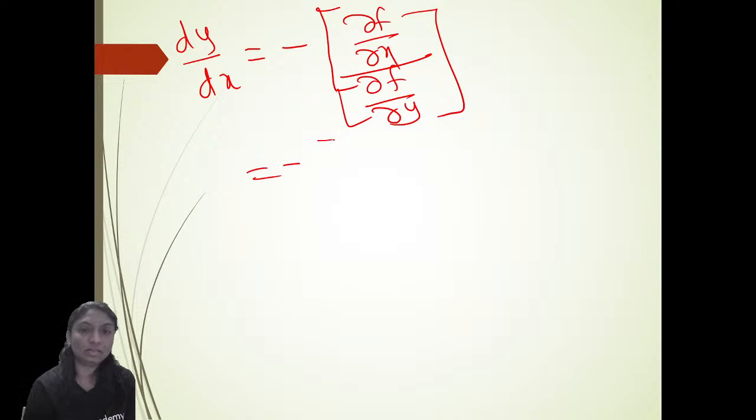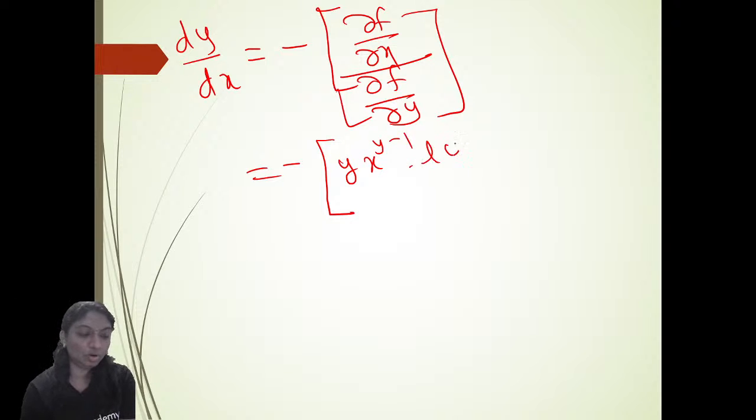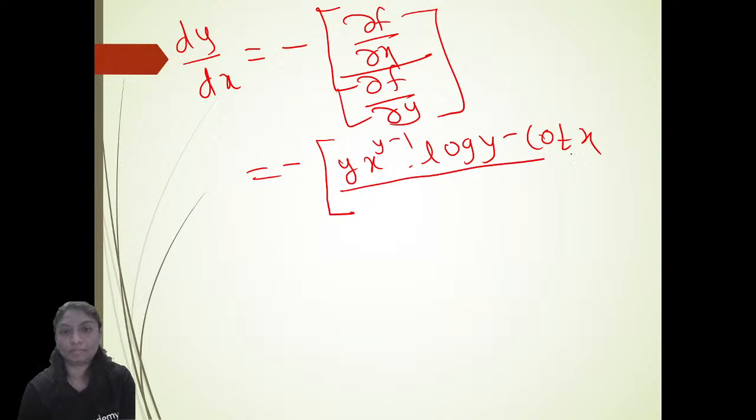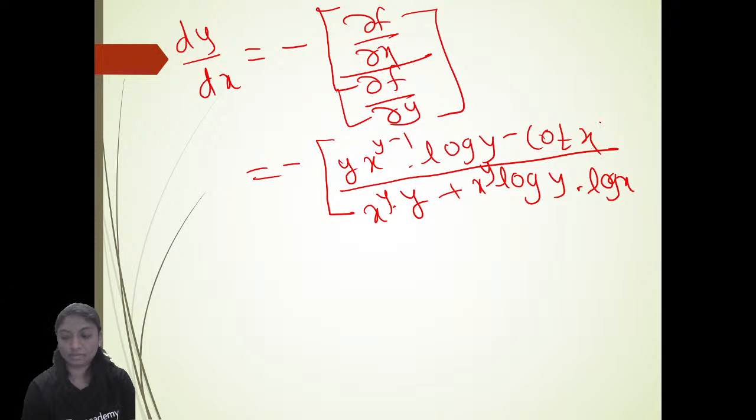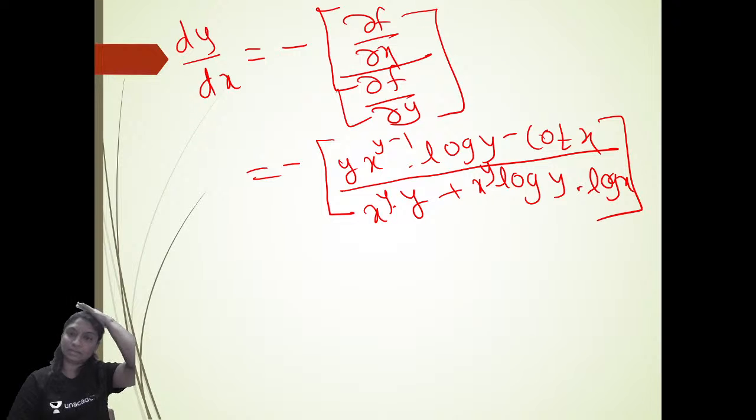So minus, here del f by del x is y into x raised to y minus 1 into log y minus cot x, upon del f by del y, which is x raised to y into 1 upon y plus x raised to y into log y into log x, right? This is your dy by dx, the total derivative dy by dx.